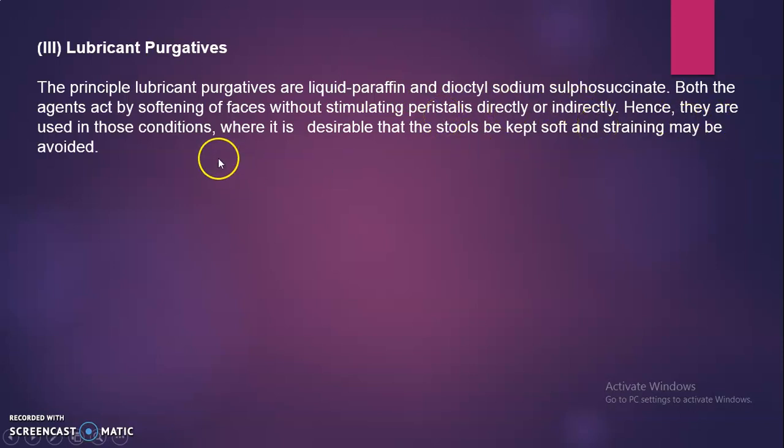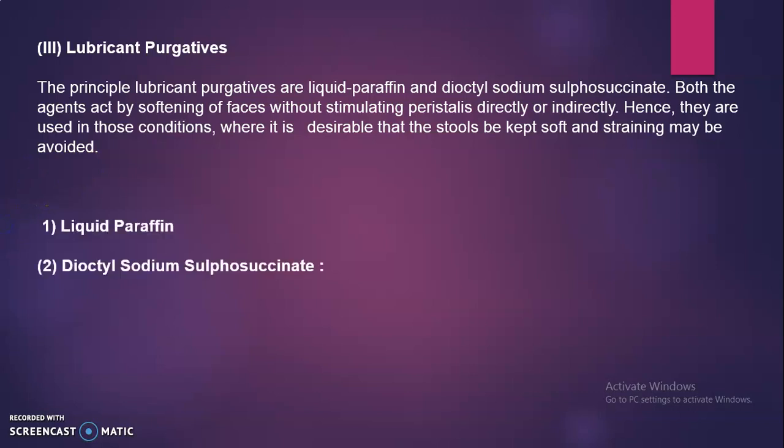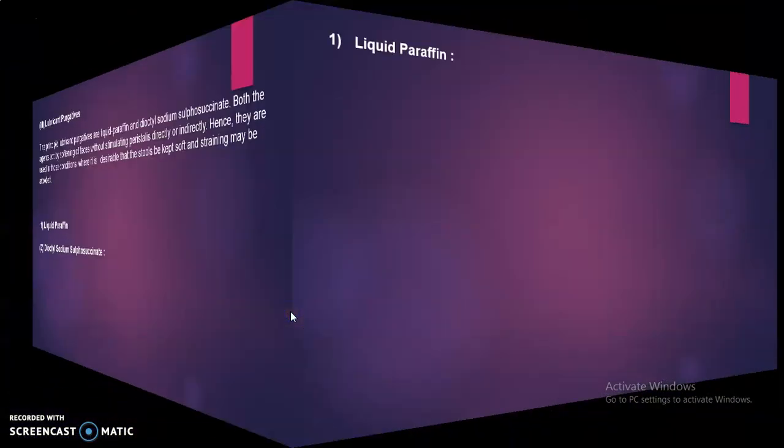Hence, they are used in those conditions where it is desirable that the stool be kept soft or straining may be avoided. For that purpose, lubricant purgatives should be taken for softening the stool without producing, or sometimes producing, peristaltic movement. It has two examples, that is liquid paraffin and dioctyl sodium sulfosuccinate.